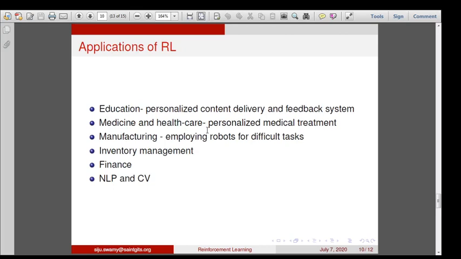Some of the nice applications of reinforcement learning. The first one is education. As we are familiar with computer aided learning, personalized content delivery and feedback systems can be incorporated with the help of reinforcement learning in our modern tools. Then medicine and healthcare: definitely personalized medical treatment can be implemented with the help of reinforcement learning. Why are we using such personalization?